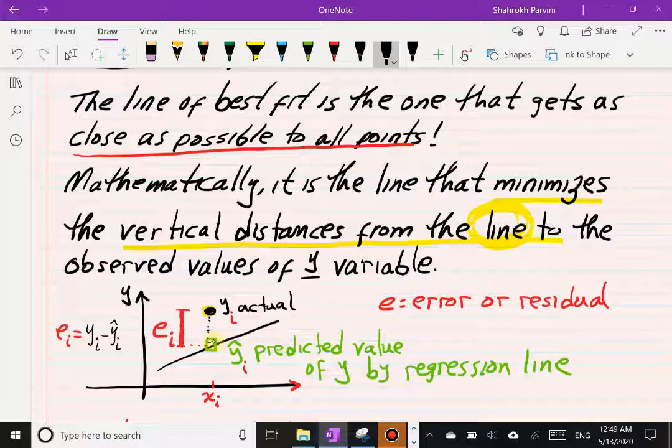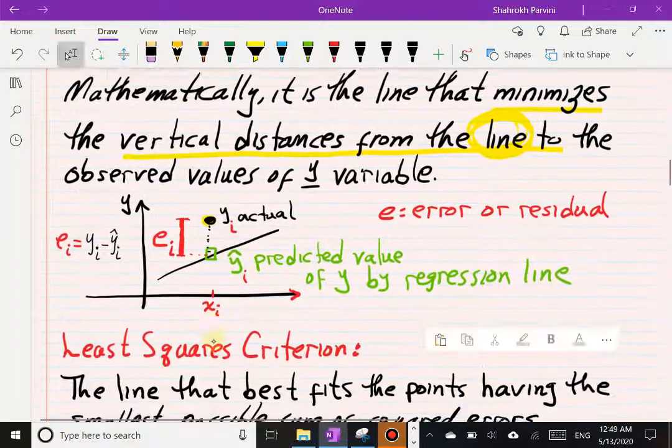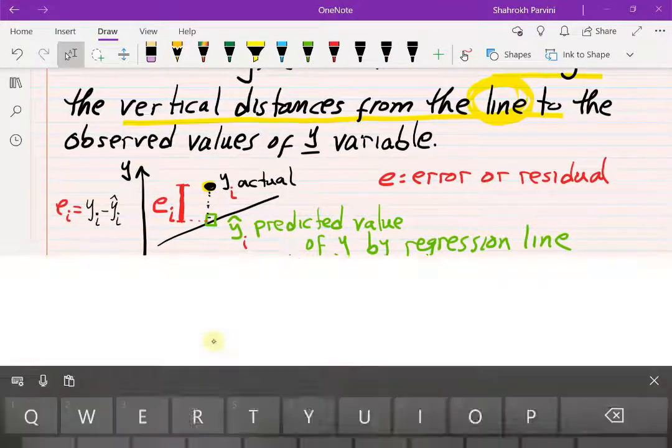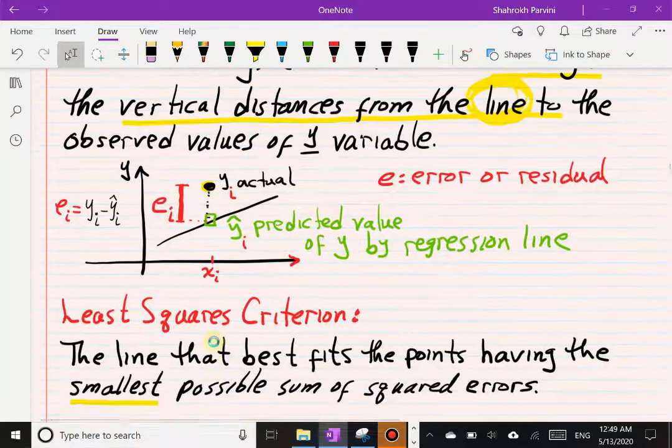So the line of best fit is the one that minimizes those vertical distances. Now, the actual criterion that is used here is called the least squares criterion. That's the criterion that is used in fitting the line of best fit through these data points.